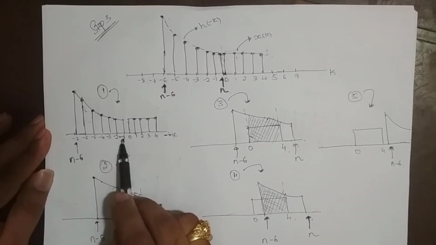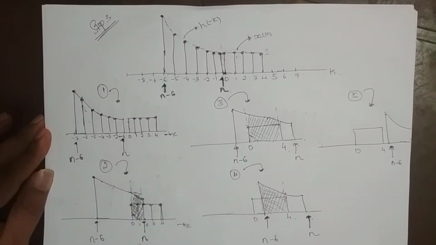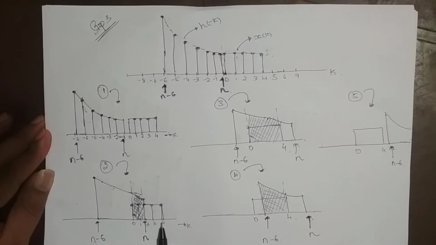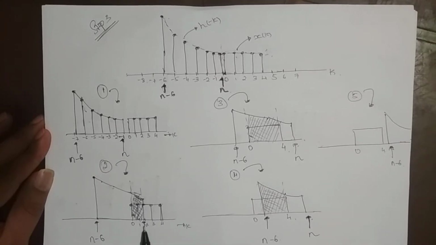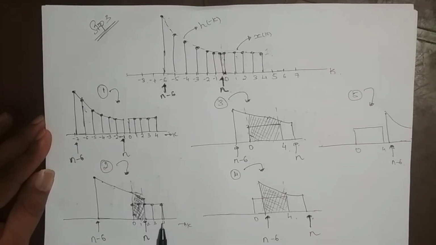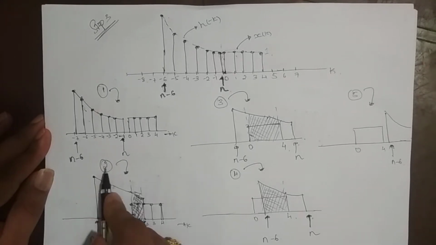So I just kept this n at 2. Accordingly the other end will also move right further, right? Now till where can I move right? I can move this n slider till it touches 4. This is the boundary for n to move, so I can move it from 0 till it touches 4. That will be my case 2.